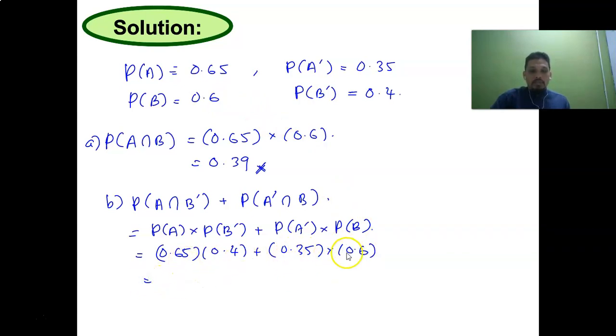So simplify these two, get the answer, it gives you 0.47.